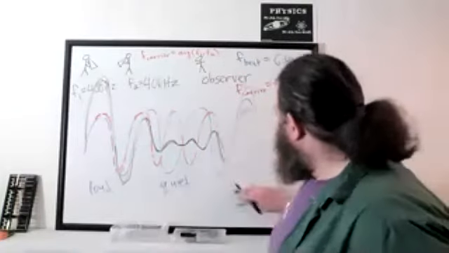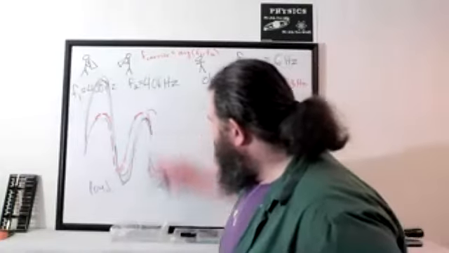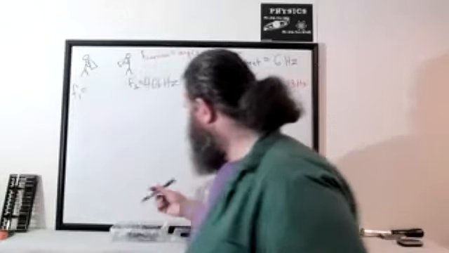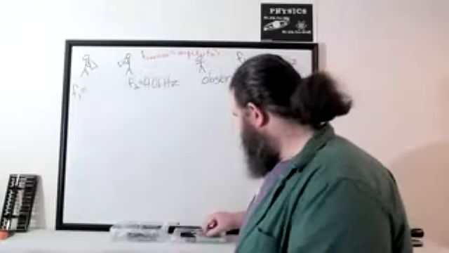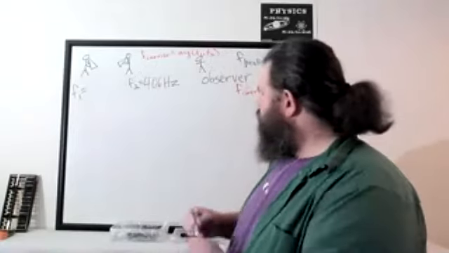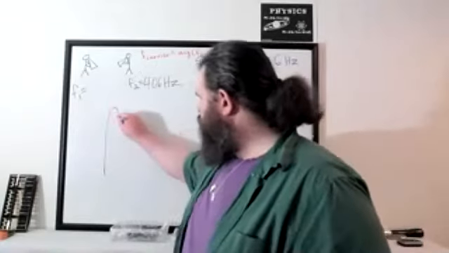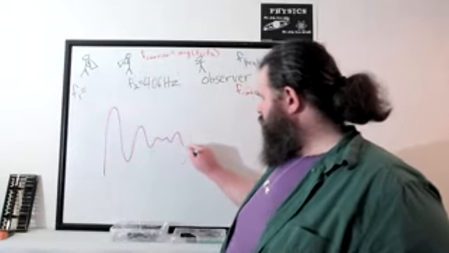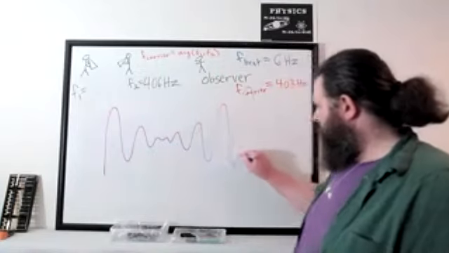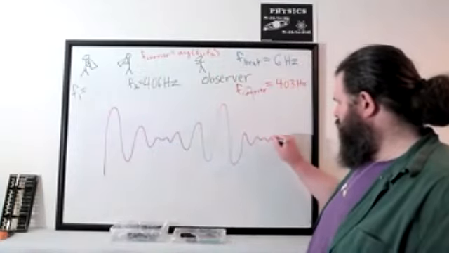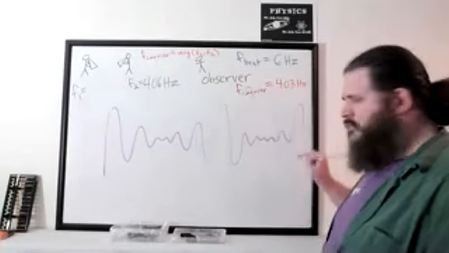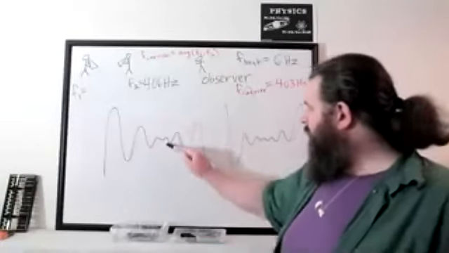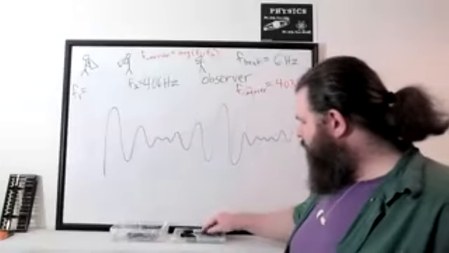And let me draw a more detailed version of that so we can see where beat period versus carrier period come in. If you have a wave that looks something like that, it's alternating between loud and quiet and loud and quiet and loud.